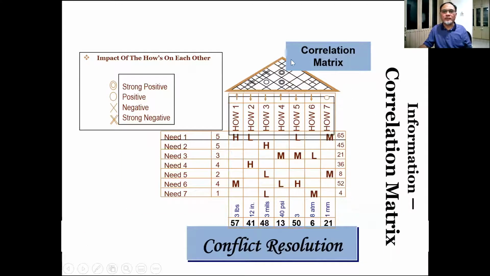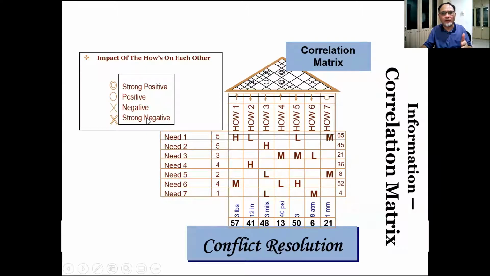So the roof is the correlation matrix. You want to look at the impact of the hows on each other. That means between different technical requirements, whether they have a strong positive influence or a strong negative influence.